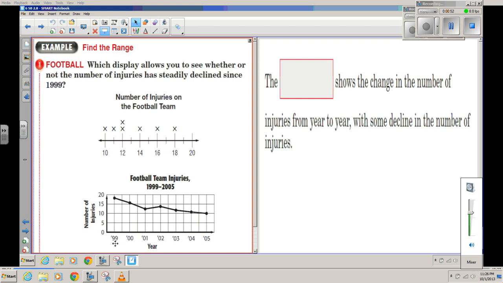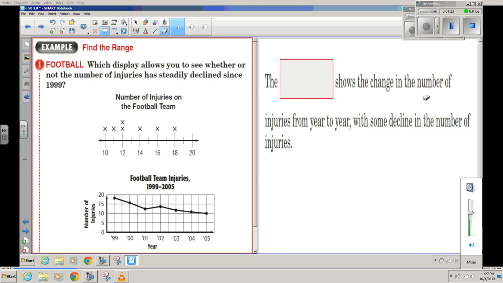It shows in 1999 there were 18, 2000 there was 16, 2001 there was 12, and so on. So the question is whether or not the number of injuries has steadily declined since 1999. The only one that actually shows that is that line graph, right?